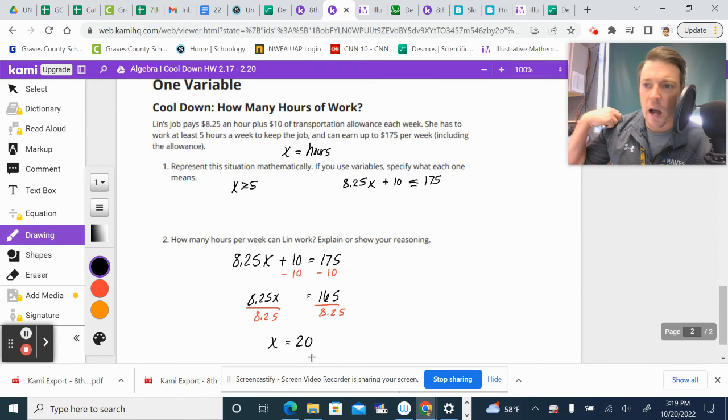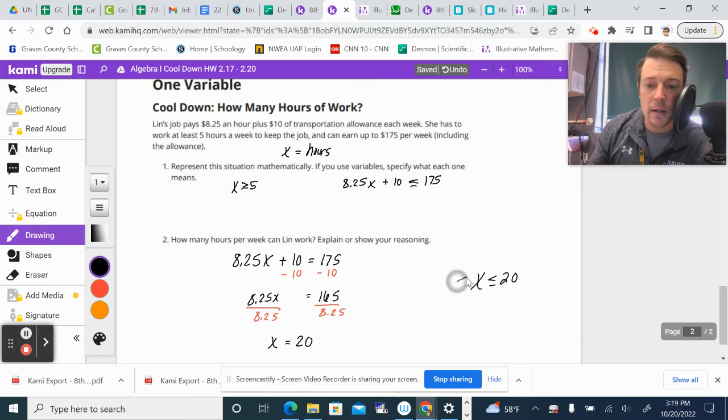Now, just from common sense and reasoning, I know that my answer is not that I'm working more than 20 hours. I know that if I work more than that, I'm going to make more money. We want to stay under 175. So I know that x needs to stay under or equal to 20. But from my earlier writing, I know that x also needs to be bigger than or equal to 5.